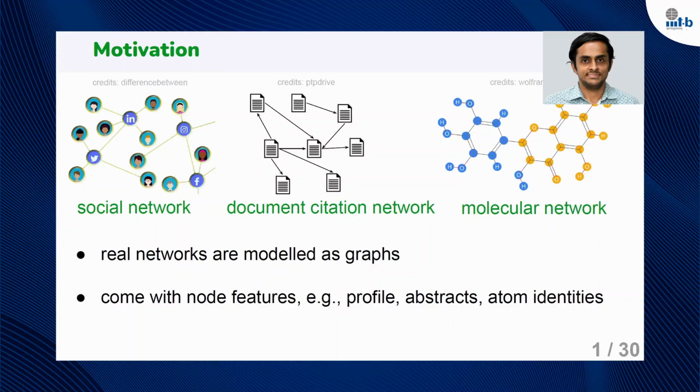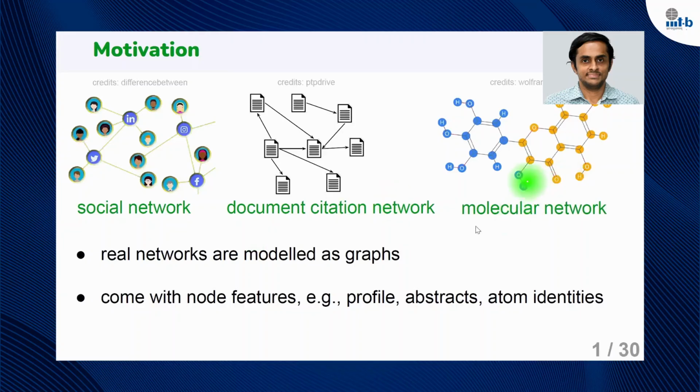And interestingly, all of these data sets also come with node features, which are intrinsic to the node. When we look at a social network, each user account will have its own user profile. That will be the node features. In the document citation network, documents will have their own content, so the document abstracts are the node features.